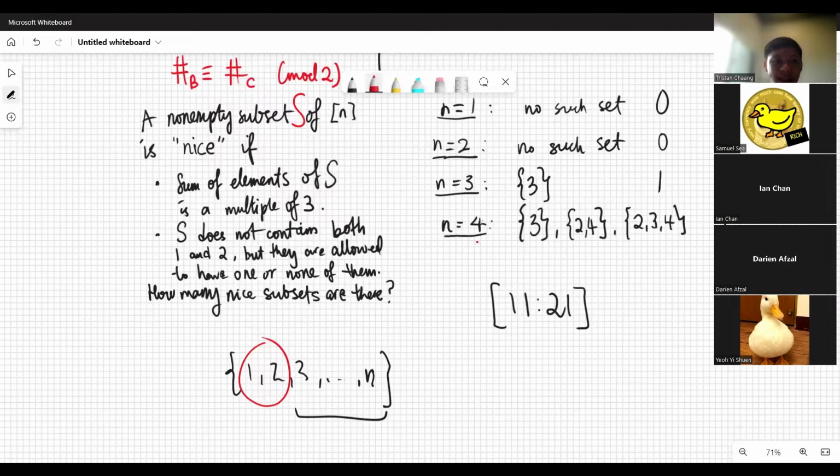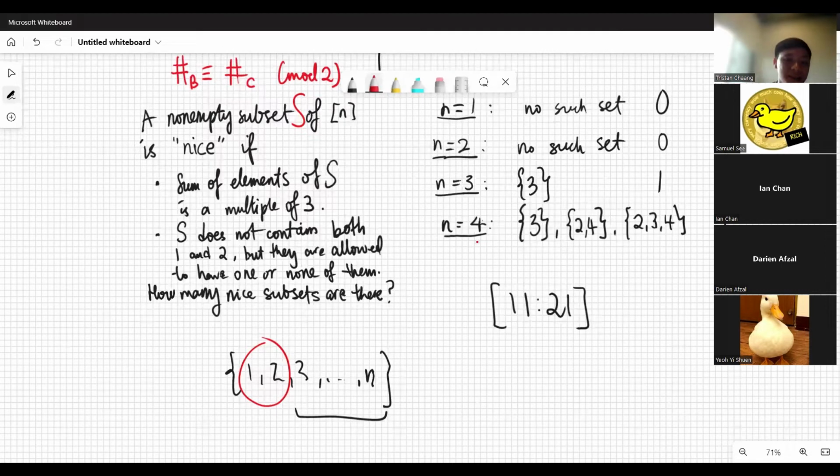Because if you want to add a 0 to make it a multiple of 3, you just don't add 1 or 2. If you want to add 1 to make it a multiple of 3, you just add in 1. If you want to add 2 to make it a multiple of 3, you add in 2. And yeah, so you have a unique determination of the nice subset.